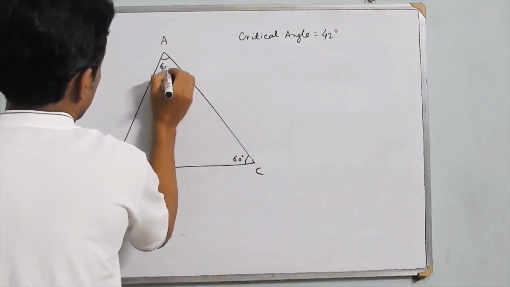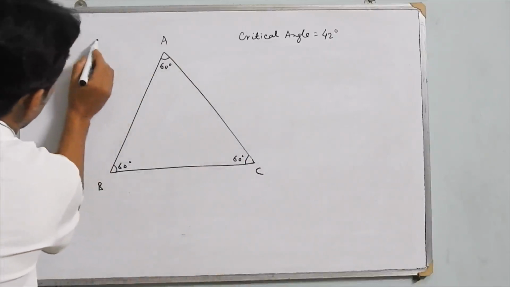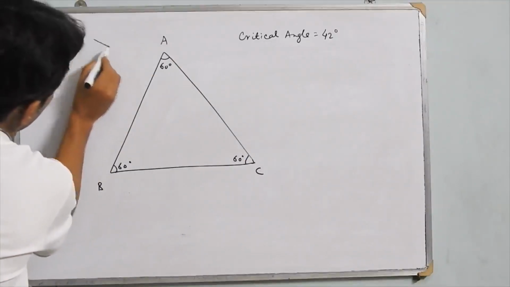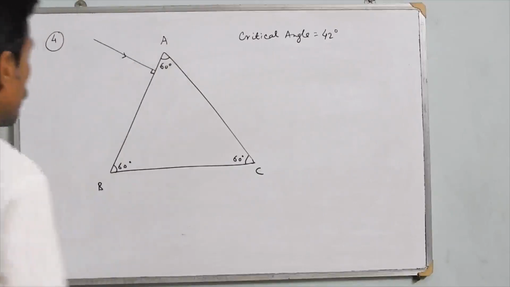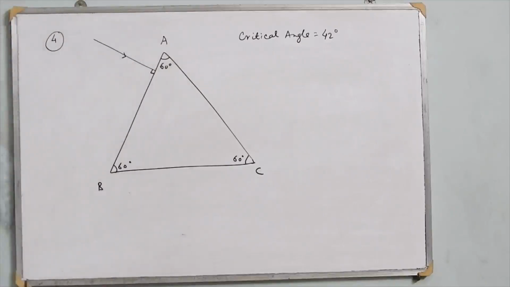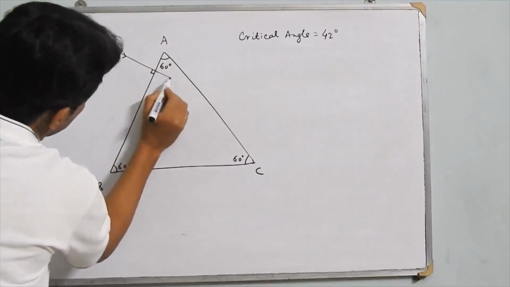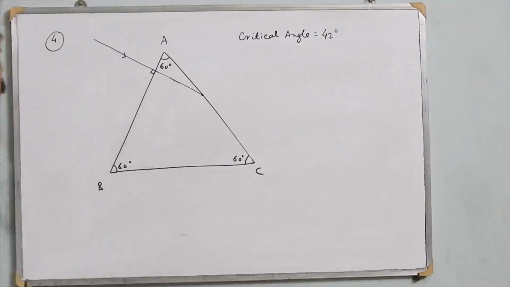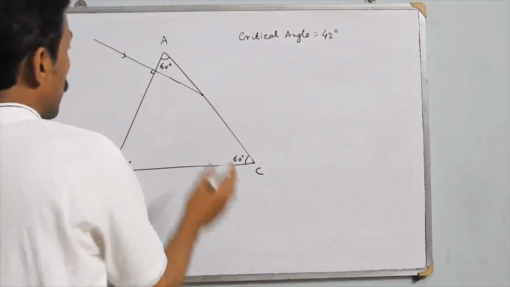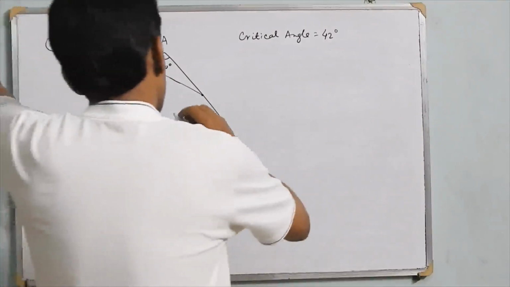This angle is also 60 degree. Let me consider a ray perpendicular to the surface AB, and suppose it moves in this direction. This ray is perpendicular to the surface AB. Because it is perpendicular, it will follow its path, it will not deviate, and it will hit the surface AC at some point. At that point of incidence on the surface AC, we draw a perpendicular.